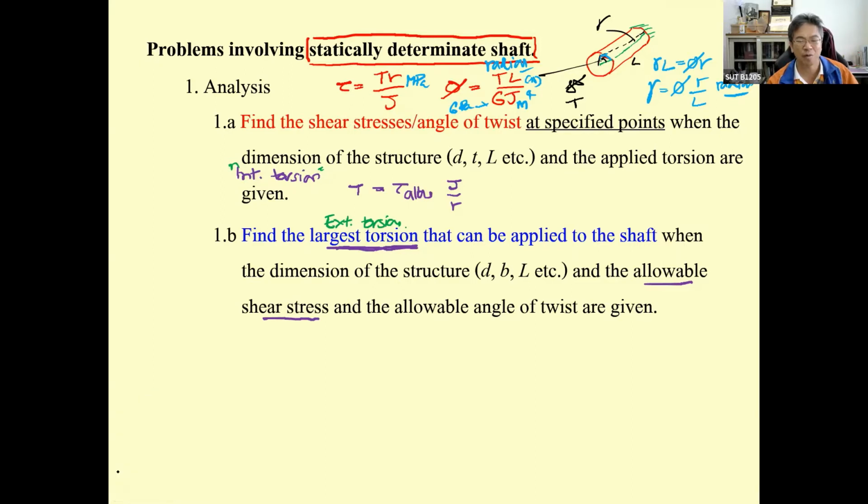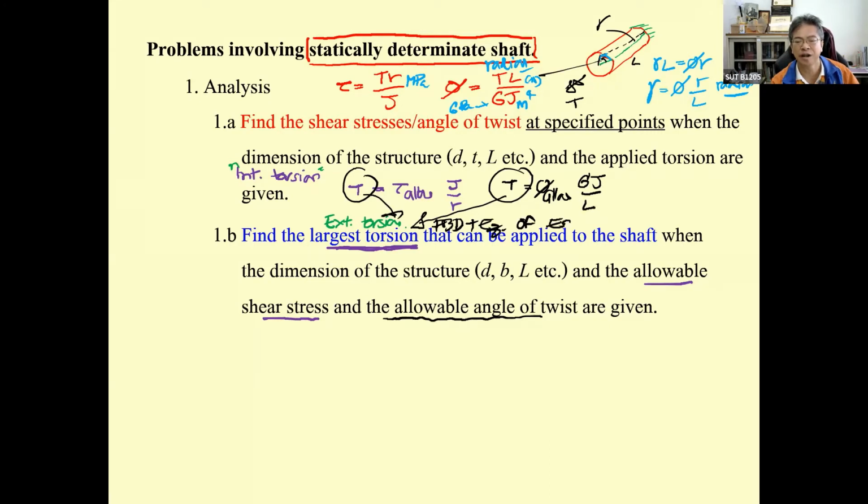If you write this equation again, you will get the internal torsion equal to the allowable angle of twist times G, J, and then divided by L.